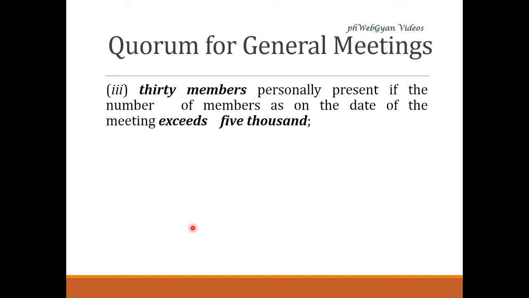How many minimum number of members shall be present for a duly convened general meeting? In case of a public company, the slab is given, that is of 5, 15 and 30. 5 in case the members are less than 1000, 15 in case the members are more than 1000 but less than 5000, and 30 in the case where the members exceed 5000.